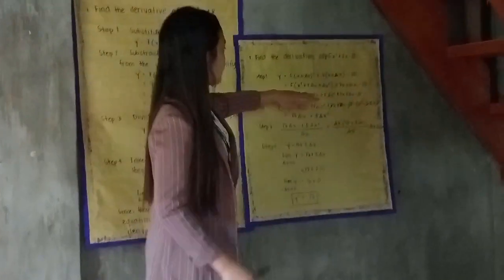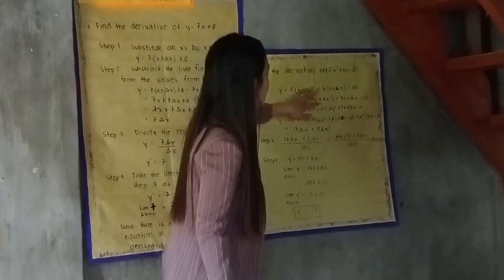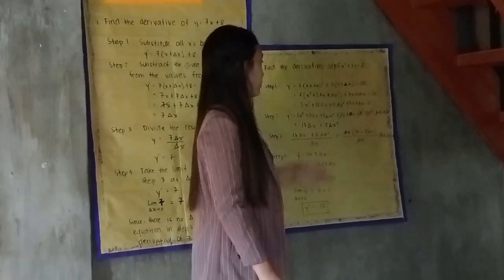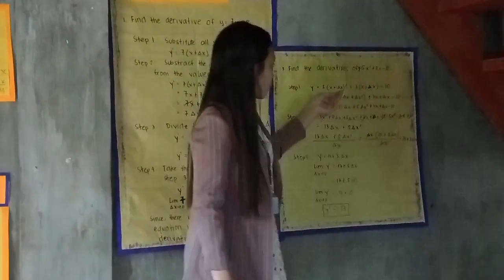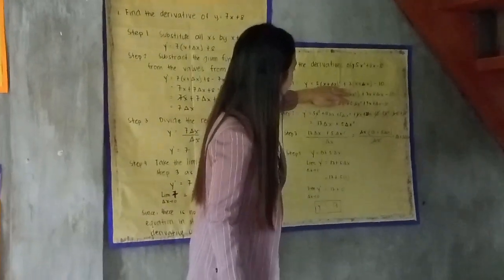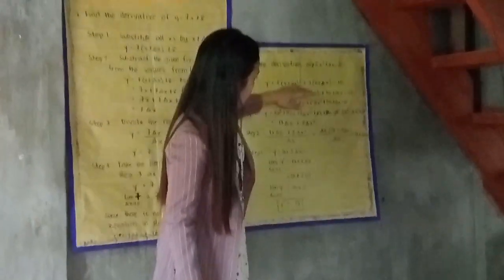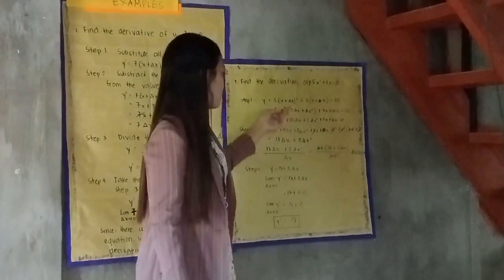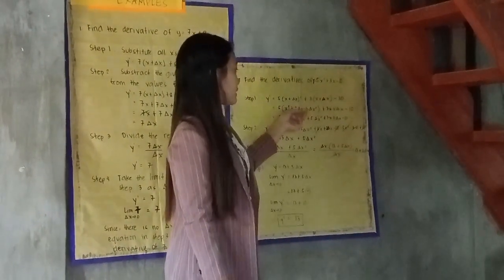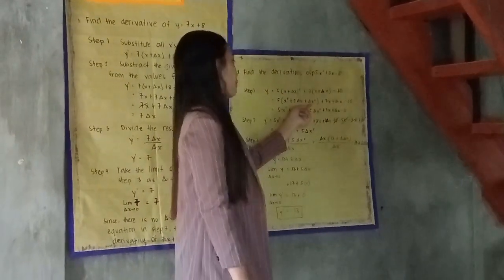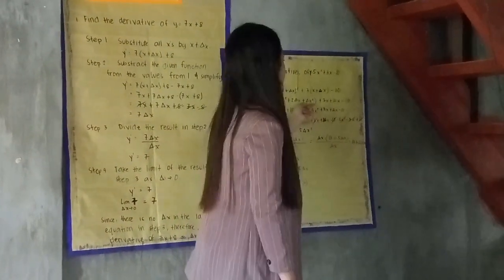We need to expand first the exponent on the parenthesis. So the answer of x plus delta x squared is x squared plus 2x delta x plus delta x squared.